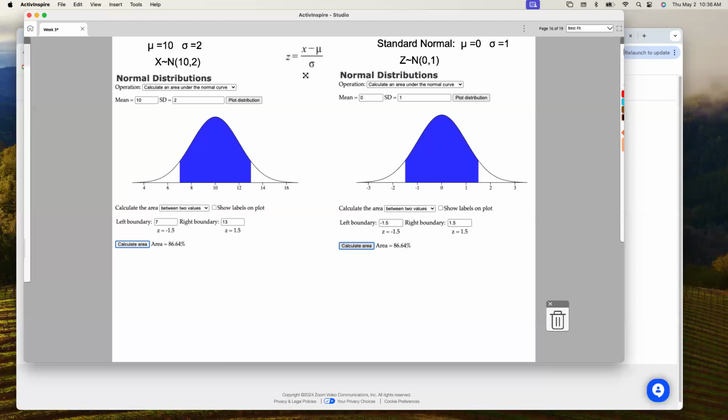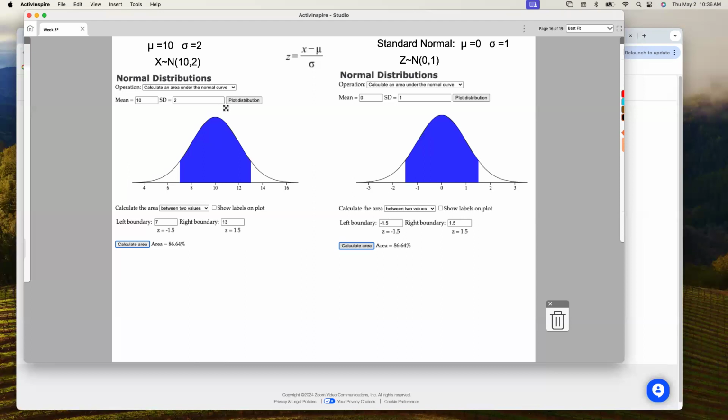And if I put in a 13 here, 13 minus 10 is 3, and I divide by 2. That, again, is 1.5. And so the area between negative 1.5 and 1.5 for this distribution is going to be the same as the area between 7 and 13 on this distribution.